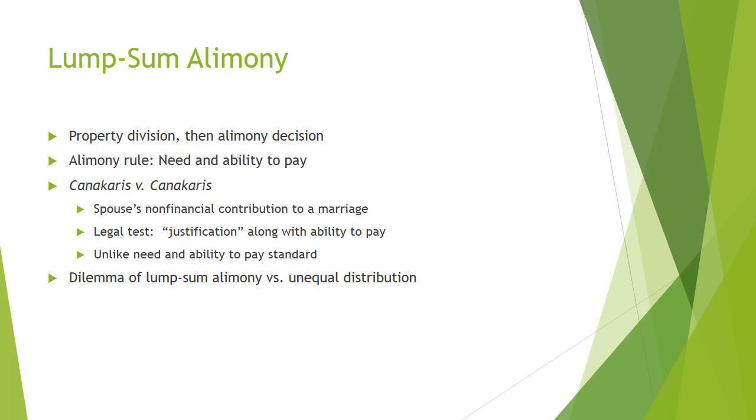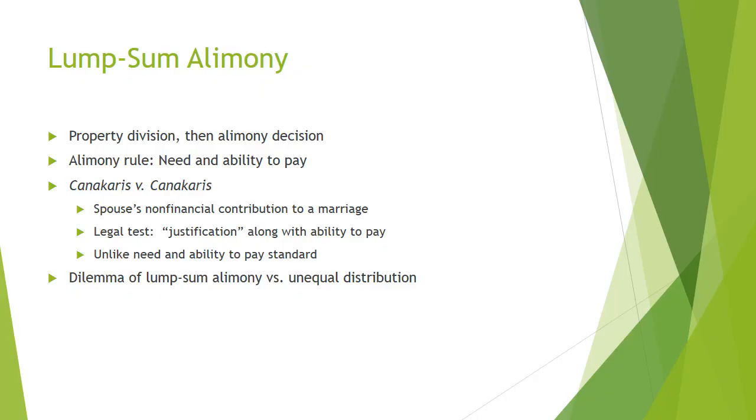This differs from the spousal support test of need and ability to pay. That standard of need and ability to pay applies to all other forms of alimony, but lump sum alimony can be ordered with justification and ability to pay, and it is based on what the court found in Canacaris.